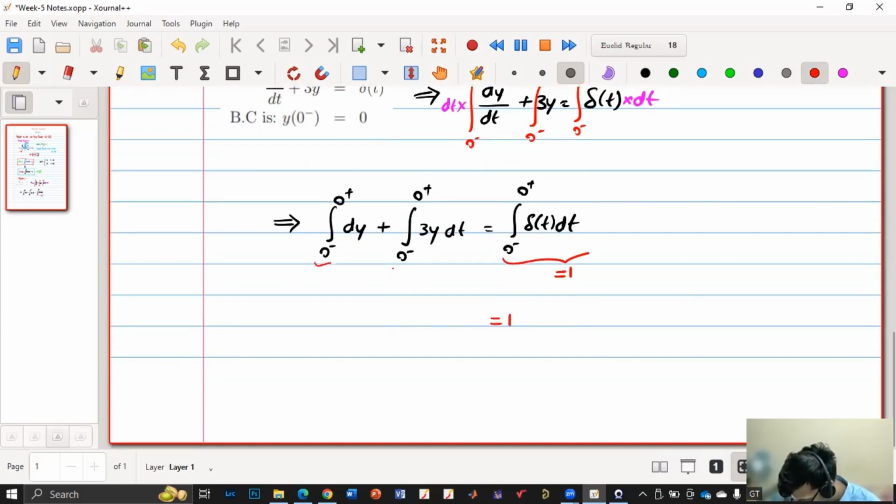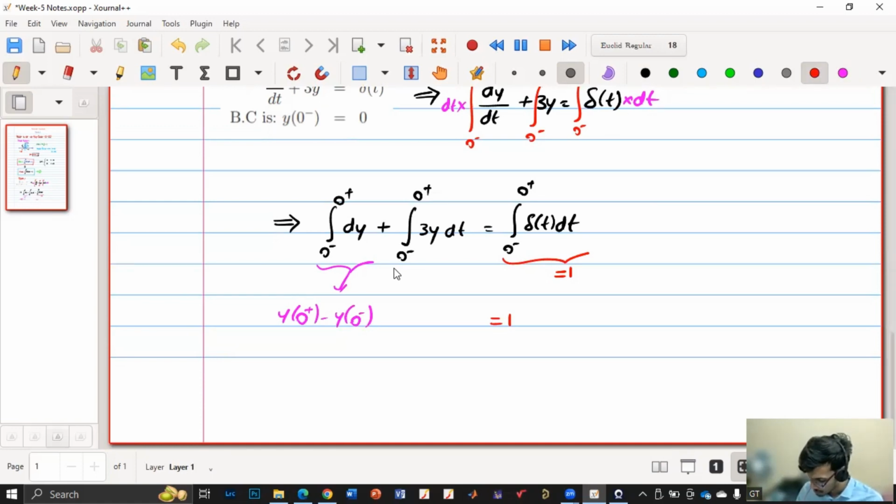And the integration of dy is y. So this term can be written as y of 0 plus minus y of 0 minus. Right.